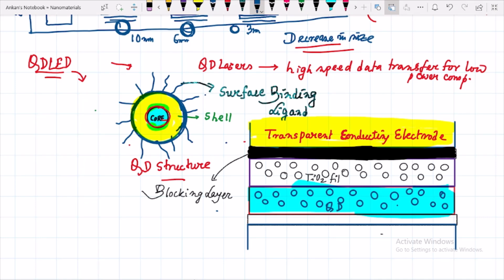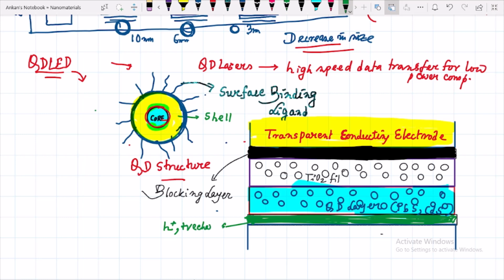This is the QD layer, such as lead sulfide, cadmium sulfide, etc. Then a layer is present which is known as the hole or positive charge layer, where the positive charges get accumulated.